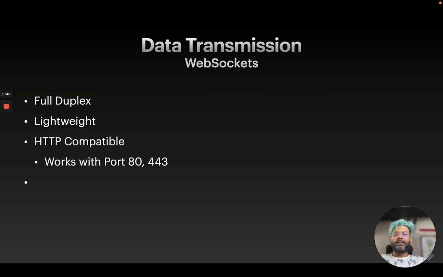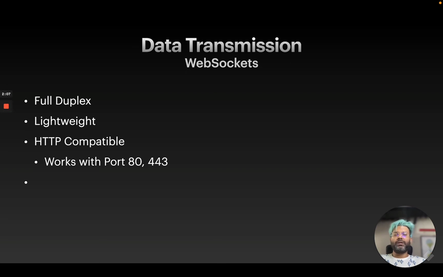And once this cycle is complete, then the connection is released, and if there is a need for sending another request, then a separate connection is created. So every time you see on your browser console a new request going on, that's a new connection that is being made.